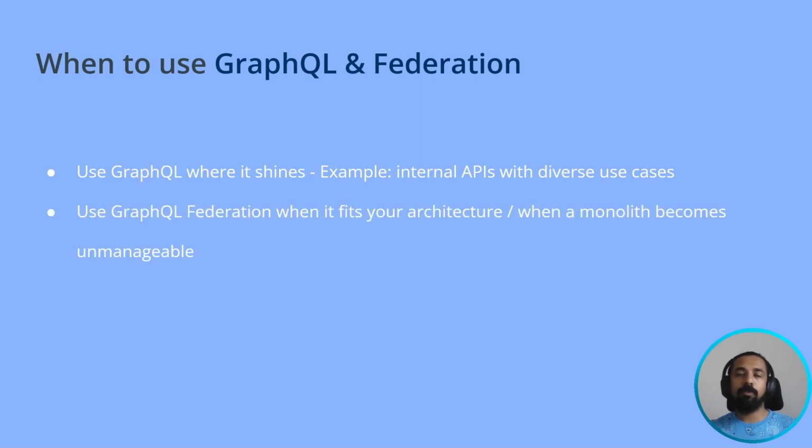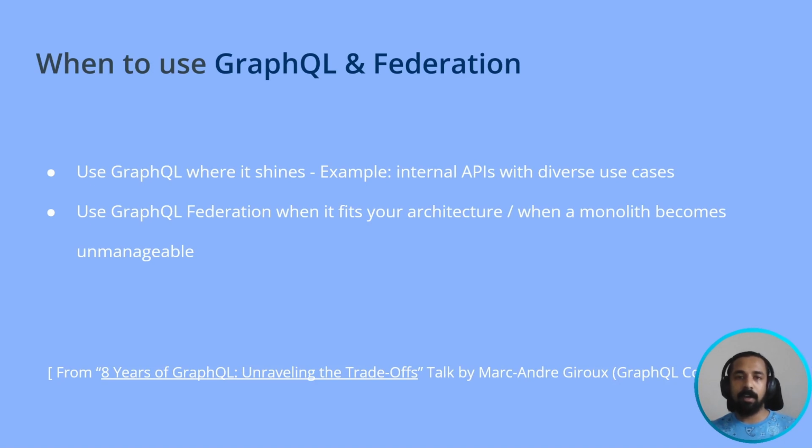Also, we should move to GraphQL Federation when it fits our architecture. If our current architecture is microservice based, Federation will fit us best. Also, when our current GraphQL monolith becomes unmanageable due to its complexity, we can think of moving to a federated architecture. These points are taken from a talk by Marc-Andre given at GraphQL Conf. He's a GraphQL Steering Council member.